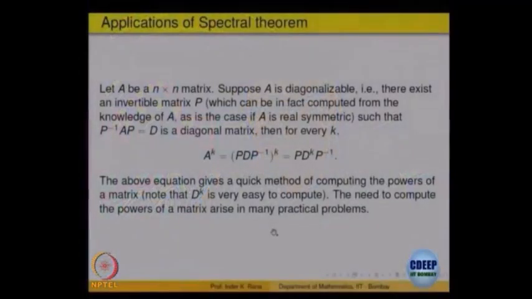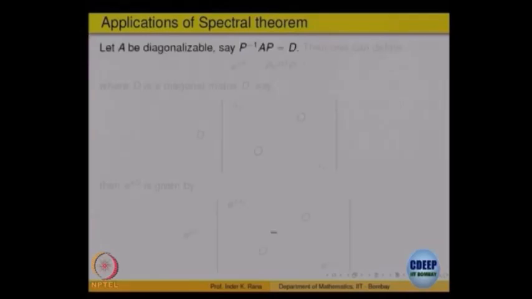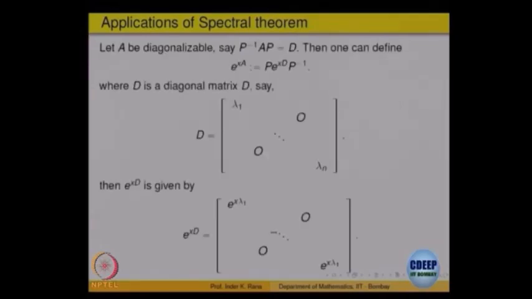And you will see in your course on differential equations, you may have to compute what is called the e to the power of a matrix, the exponential of a matrix. Given a number, you can compute e to the power x, right. But how do you define e raised to the power of a matrix A?